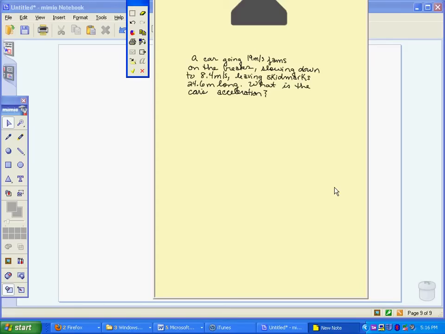We want to identify it by the units. So if we look up here, we've got 19 meters per second. Where you see meter per second, that means you've got a velocity. So I'm going to go ahead and write down 19 meters per second here. Now we've got another meters per second, 8.4 meters per second, so that's another velocity.